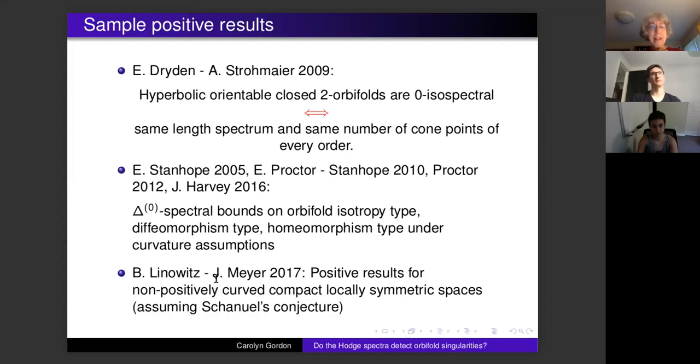Ben Litowitz and Jeffrey Meyer recently got positive results for distinguishing certain non-positively curved, compact, locally symmetric spaces from ones that have singularities, assuming a number theory conjecture by Schanuel. So those are sort of a sampling.